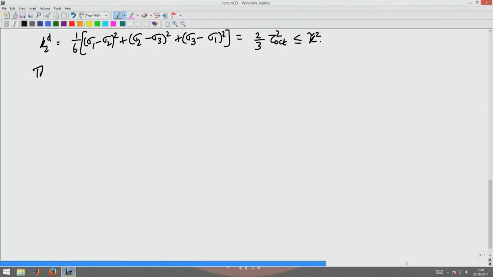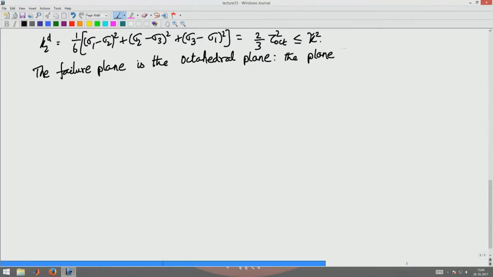So, if I interpret it like this, the failure plane is the octahedral plane, where the octahedral plane is the plane that makes equal angle with the principal directions.